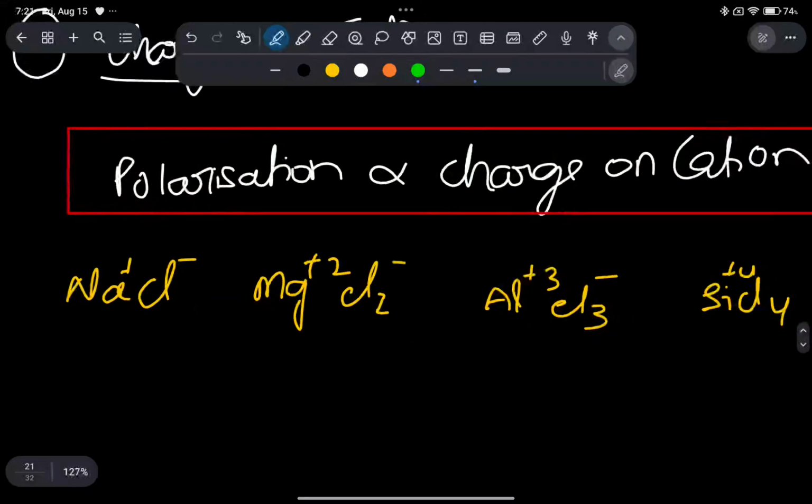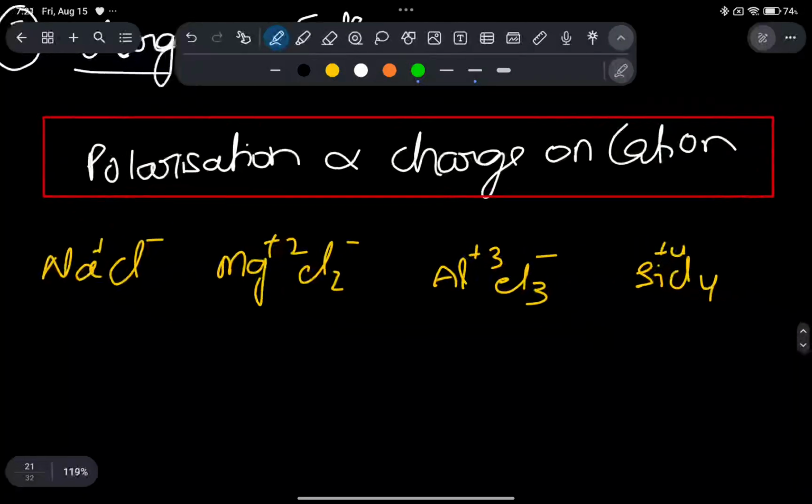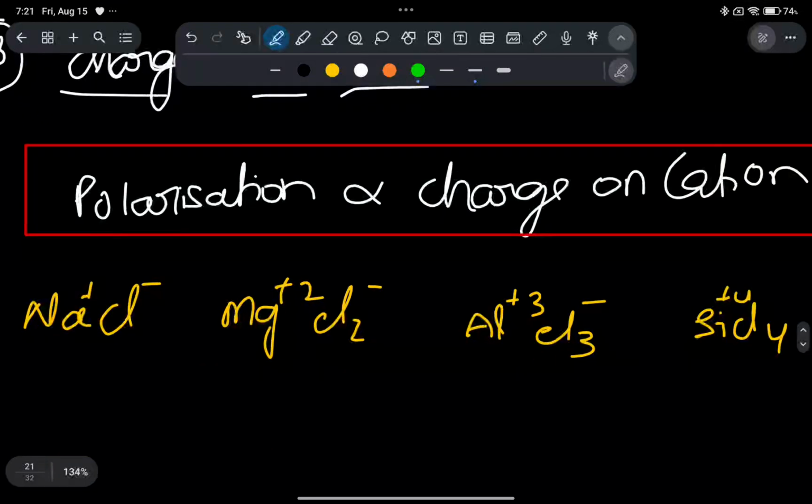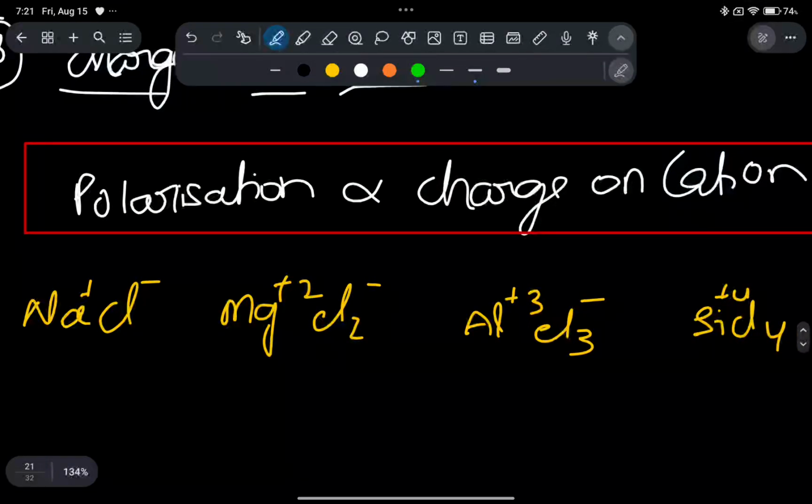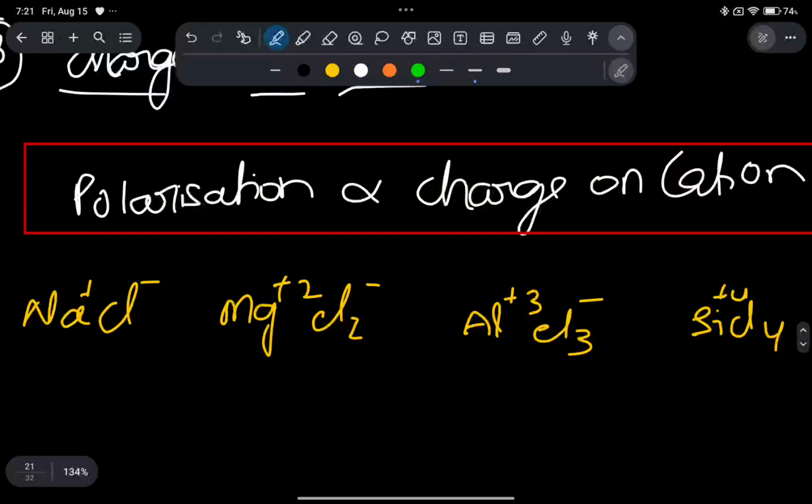If you see here, the charge is increasing. The anion is common, but the cation's charge is increasing, so polarization increases because loss of electrons increases.